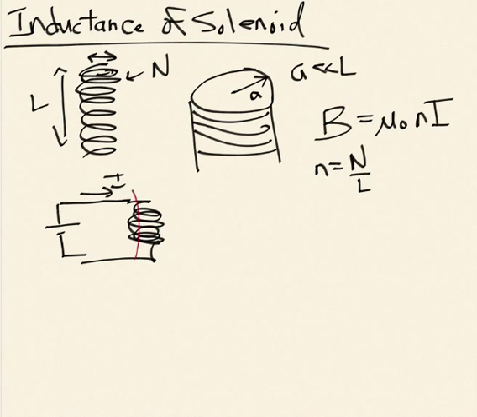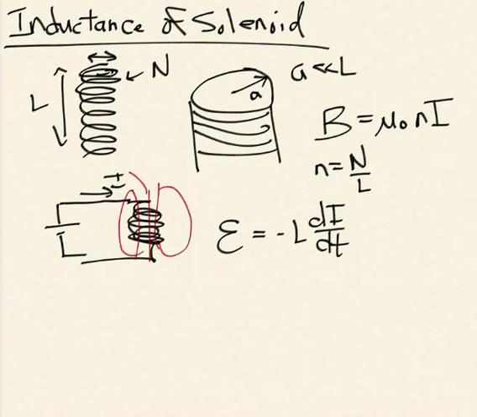So you have magnetic fields that are created and associated with this coil, and as the current changes, the magnetic field will change with time. That will generate an electric field within the coil that will generate a back EMF that will oppose the change to the current. From the last video, we can write that back EMF due to the magnetic field changes as minus L di/dt.